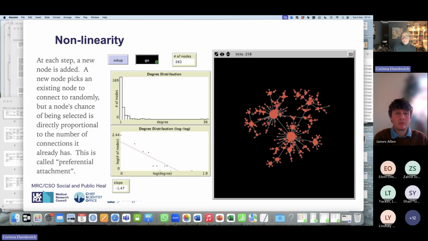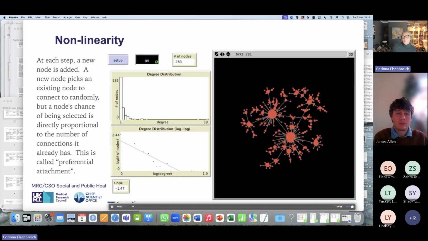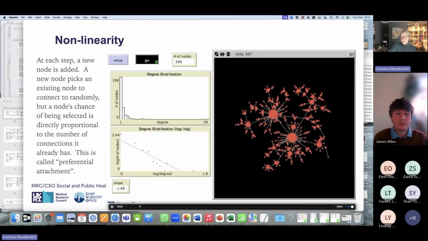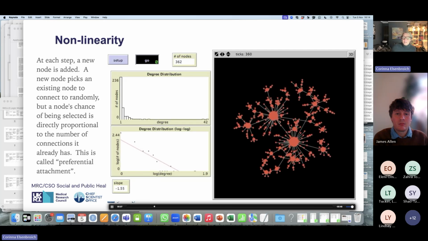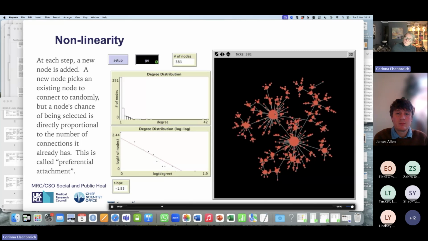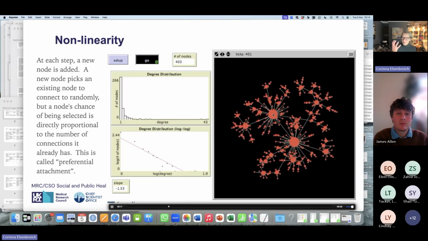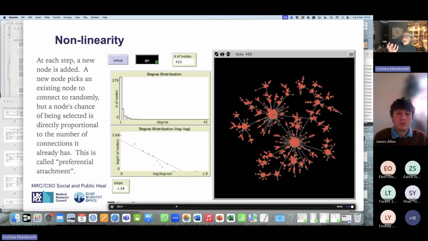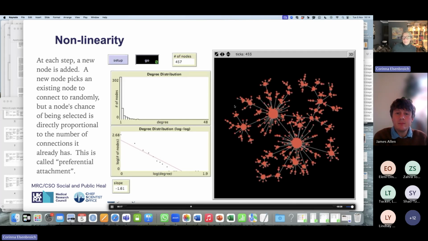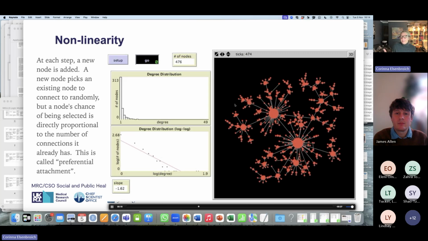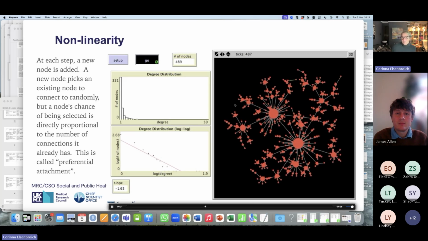We're getting this kind of structure where new nodes are coming in. You can see them attaching to existing nodes, and we're getting some nodes within the network that have a lot of other nodes attached to them, and then some nodes that have almost none. These are patterns that we can really find in the real world.